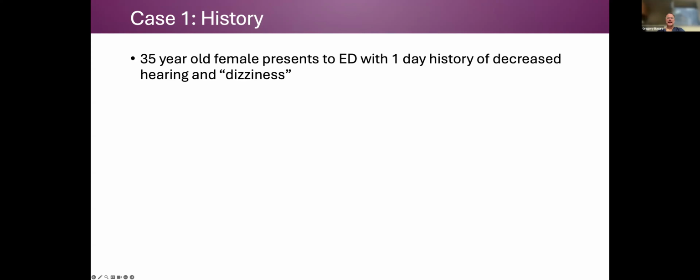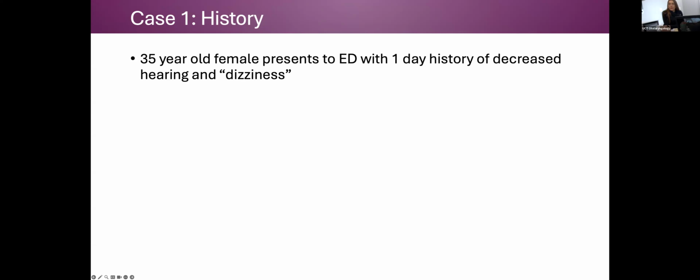Any thoughts? So first of all, she's presenting to the ED. You want to make sure that other than the dizziness, everything else is okay. What are her vitals? What's her GCS?